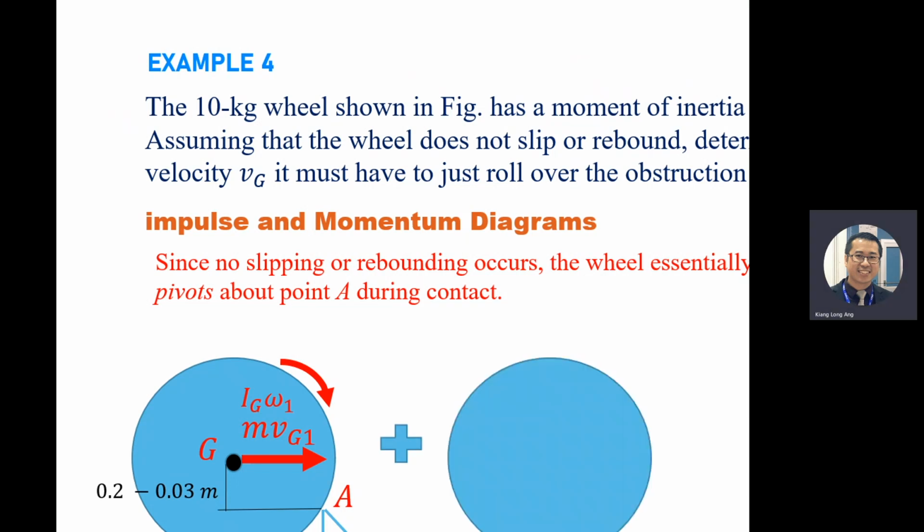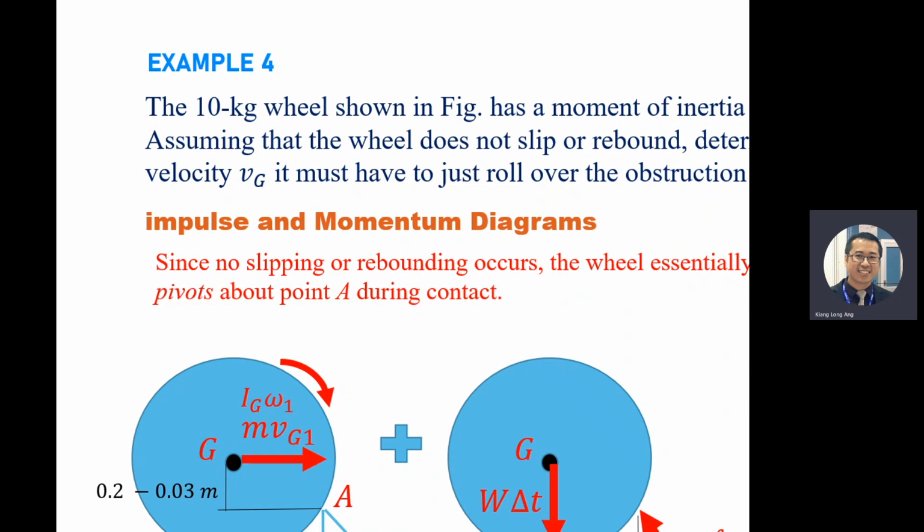Then when you hit the object, impulse will happen. W will go down, and some forces act on this point.